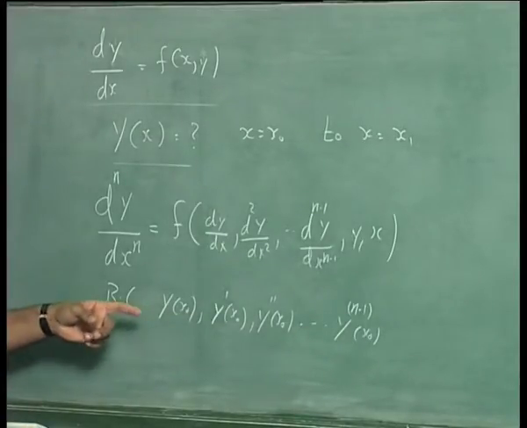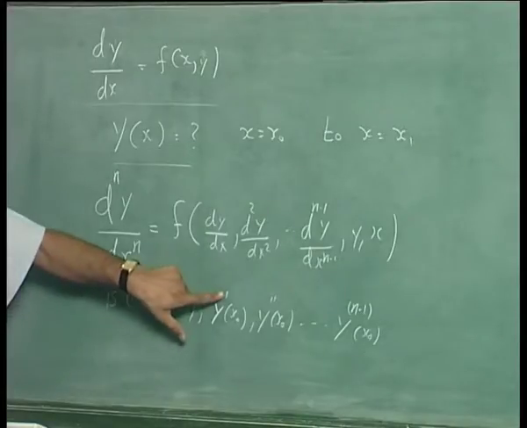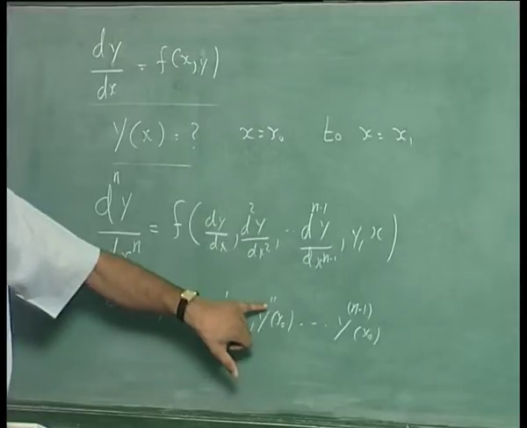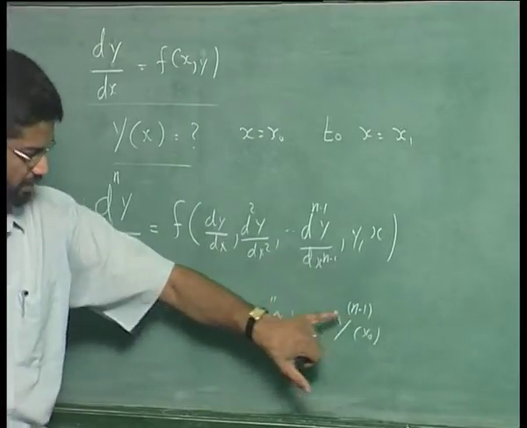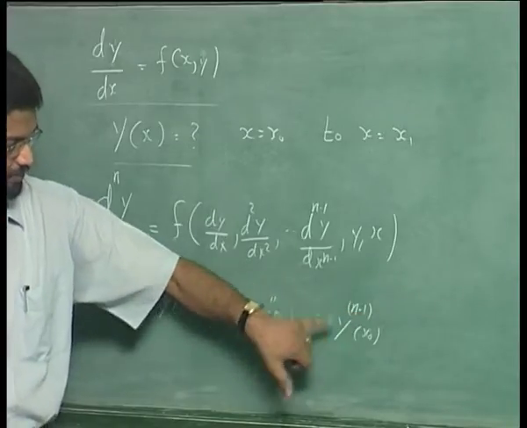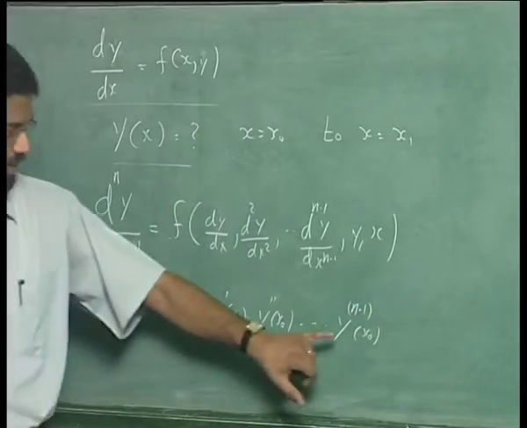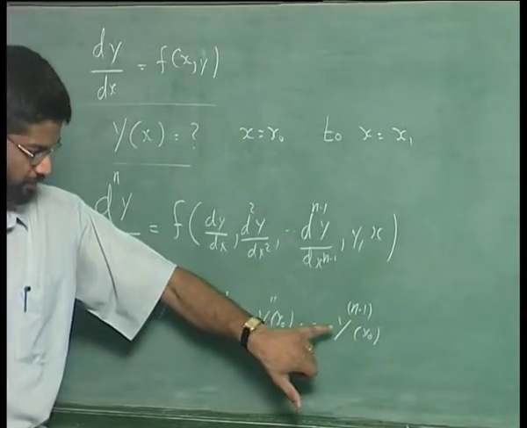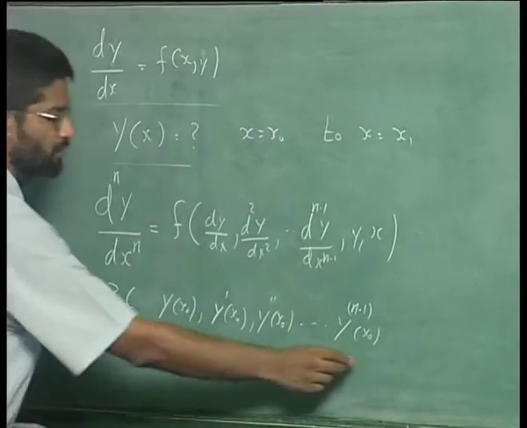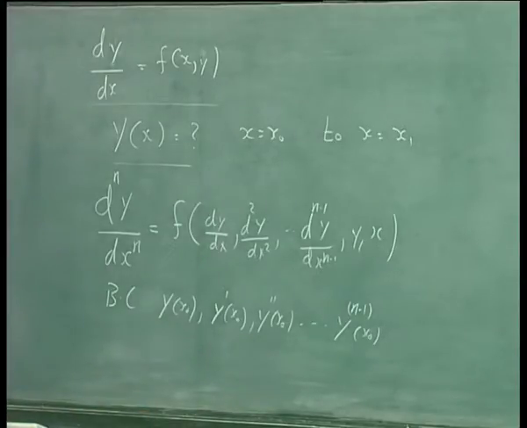Now this is a notation which we are going to adopt: prime means derivative with respect to x, and for higher order derivatives we put the order in brackets. If a power is put in brackets, it means the derivative that many times. So this is the (n minus 1)th derivative of the function y evaluated at x equal to x0. That is the notation we will follow.